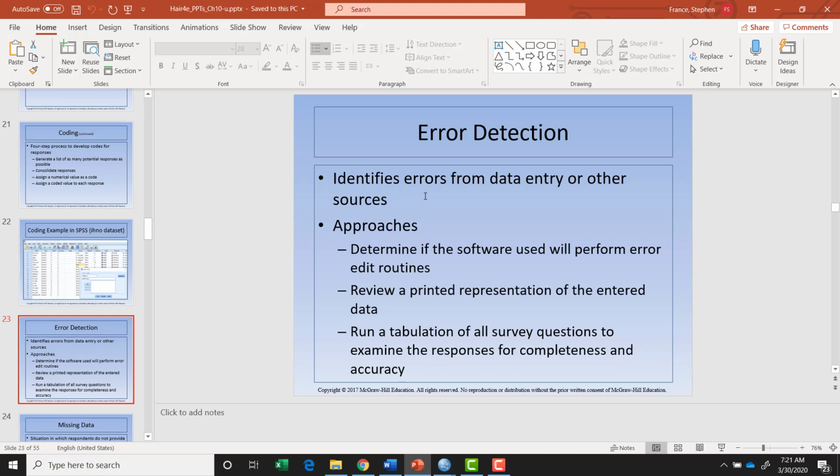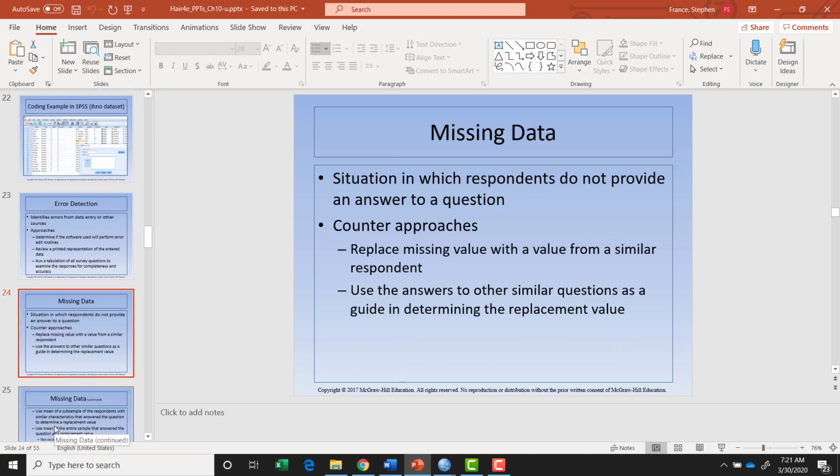We may have a question where the categories are a little bit wrong, or where all the answers are not what we expect. So we may want to preview the data, have a summary of the data to look for possible errors.